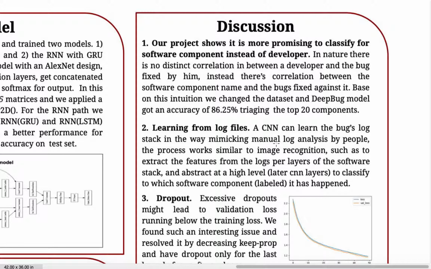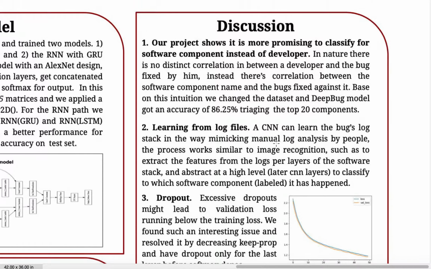So it is actually structured information. So we can take a CNN network, just like image recognition. It works to abstract the features at a high level to classify to which subcomponent the bug has happened.